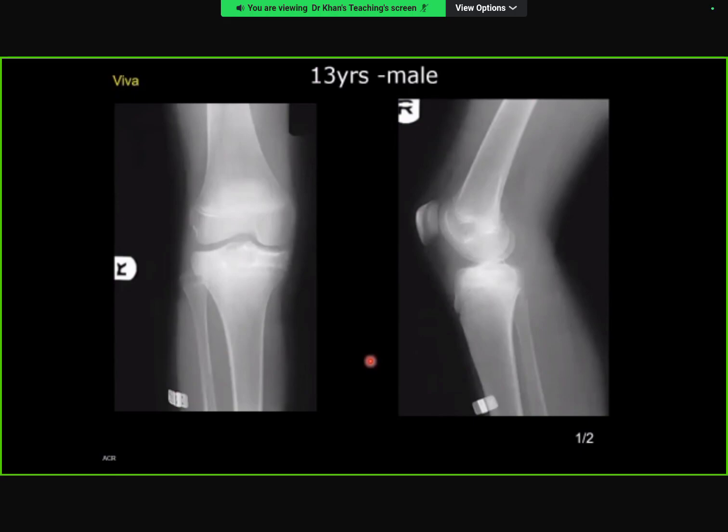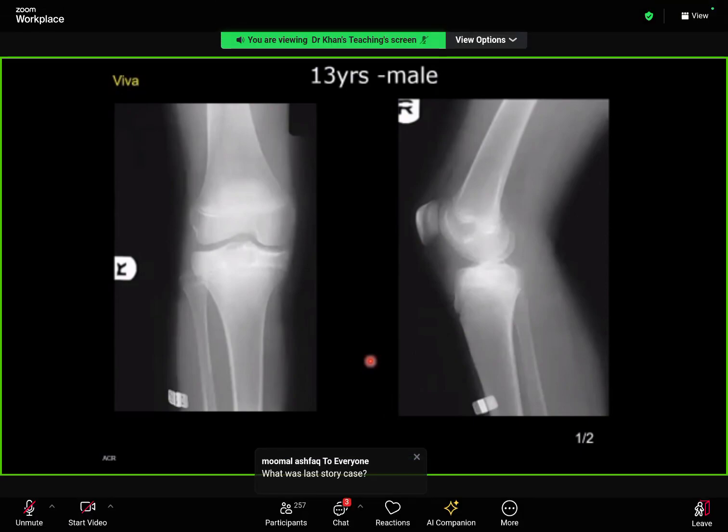The lesion is fairly lucent, has a narrow zone of transition. There's no associated periosteal reaction or soft tissue component. Overall appearances are of a non-aggressive lesion, and a chondroblastoma will be the top of my differential.